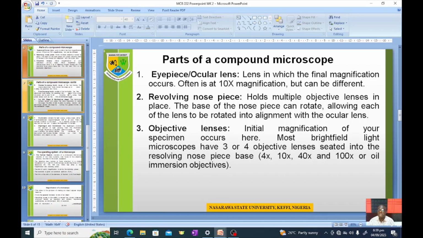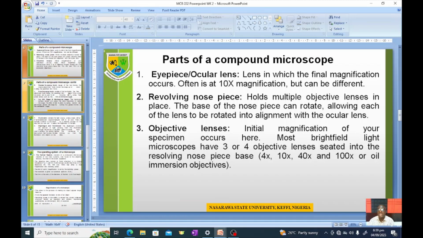You can have maybe times 7, because as we learned earlier in the first lecture, the final magnification is a product of the objective lens with the magnification of the ocular lens.